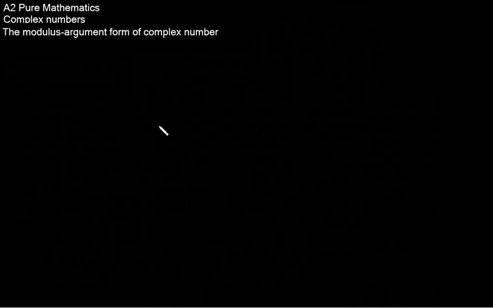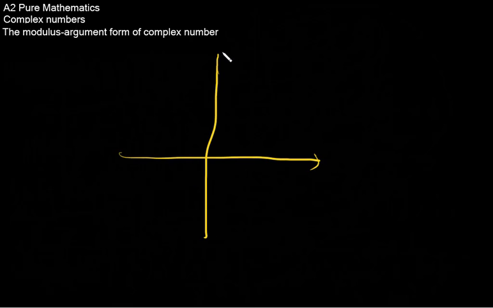I just want to talk about how we can represent the angle differently. Let's say we don't have 3 plus 4i, but rather minus 3 plus 4i. That would be somewhere here, and this angle will actually be bigger than 90. In this case it still applies.